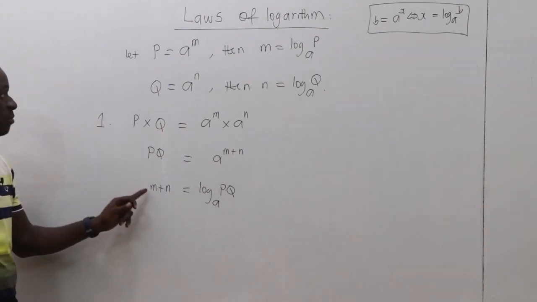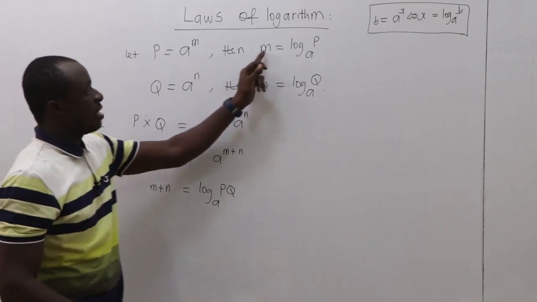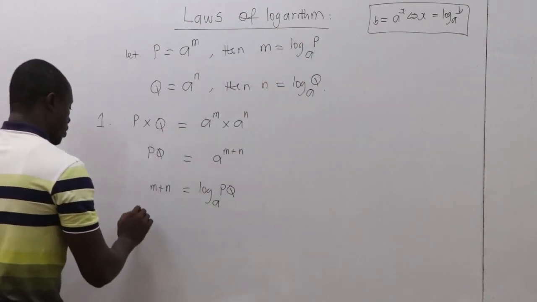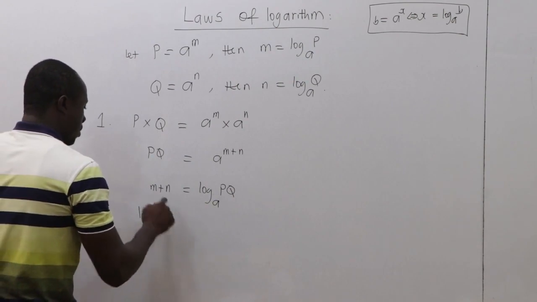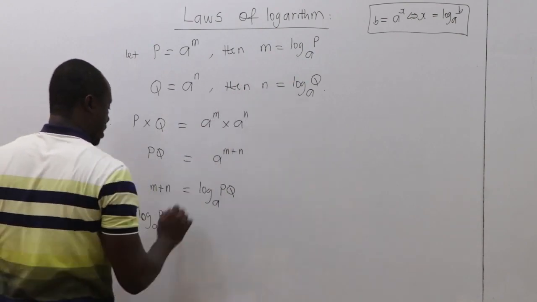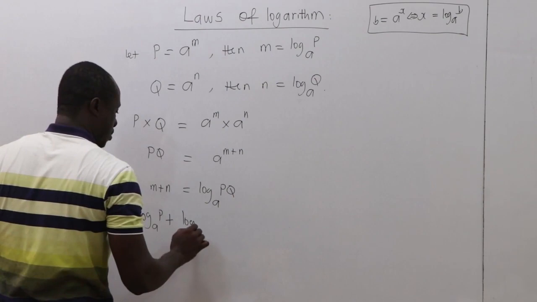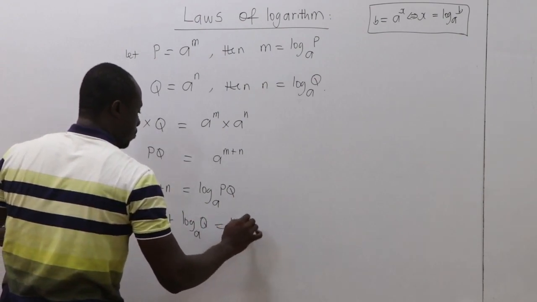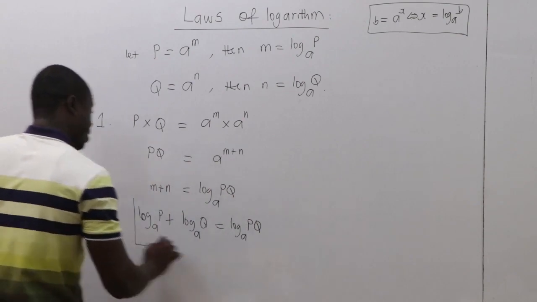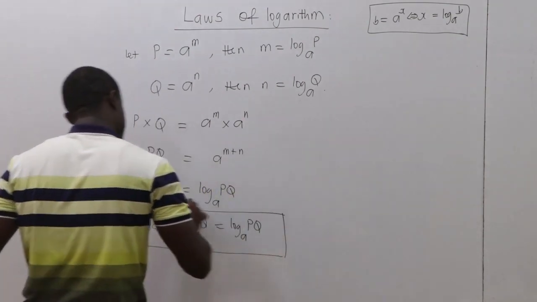Now, what is our m? Our m is log a of p. And what is our n? Our n is log a of q, and this is equal to log a pq. This is our first law.